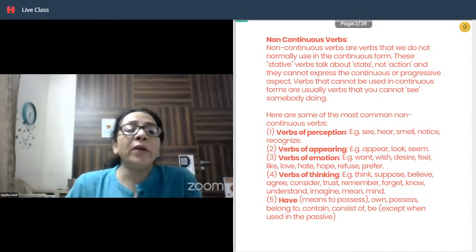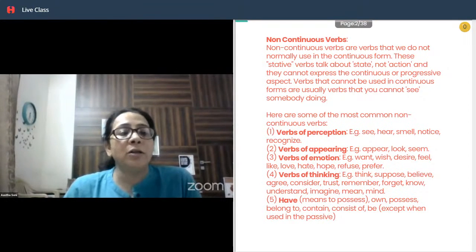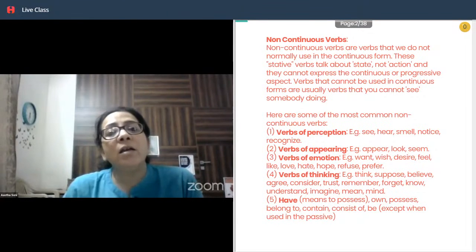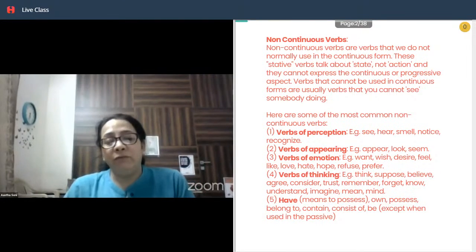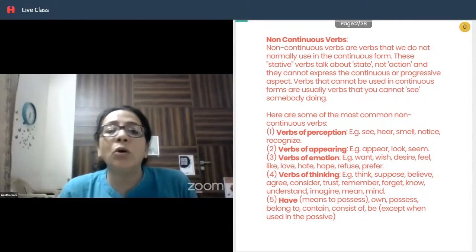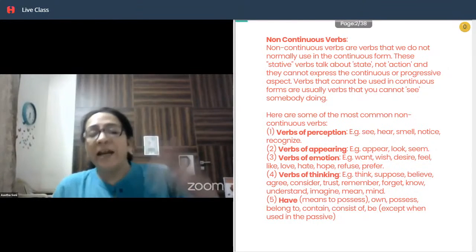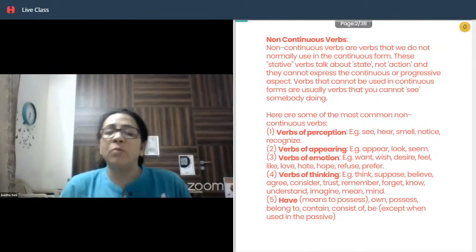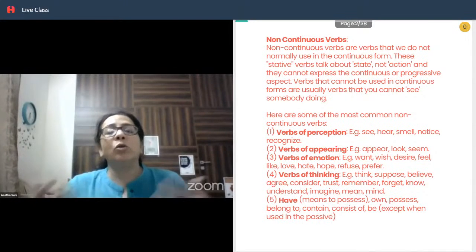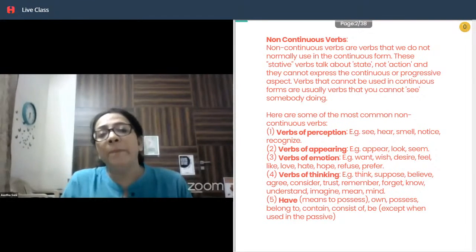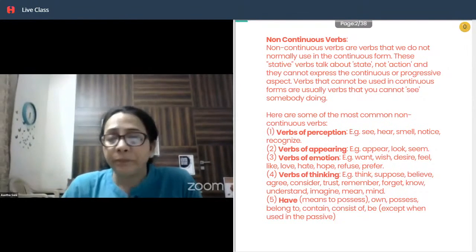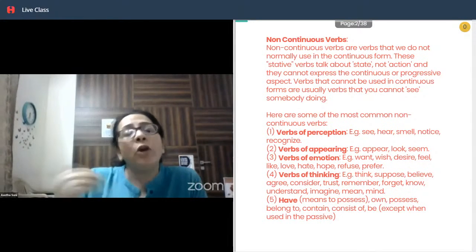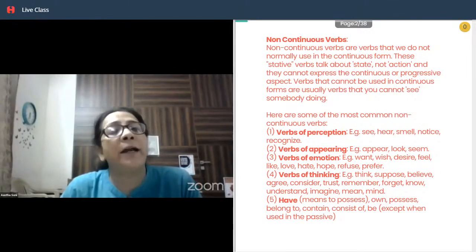Okay. So moving ahead with the most common non-continuous verbs, you have got verbs of thinking. Thinking is again all those words which are attached to all these action words that we are talking about here: the appearance and the perception and emotion and thinking. All those words that you use for denoting an action actually fall in the category where you do not add ing.